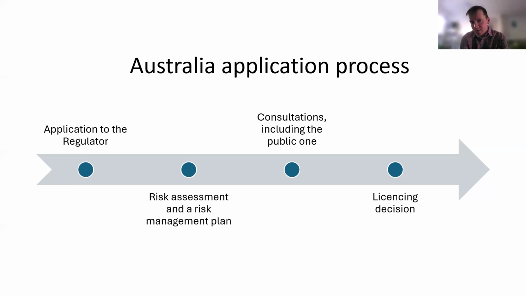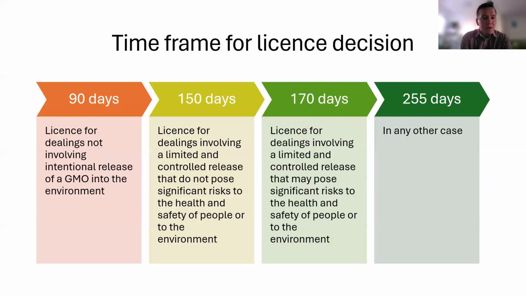risk management plan. They also conduct consultations with the public and with different committees on different aspects of the application. After that, they issue the licensing decision if all the requirements for legal compliance are in place.